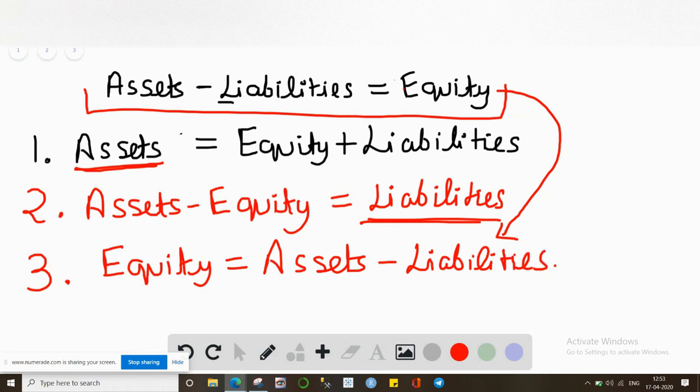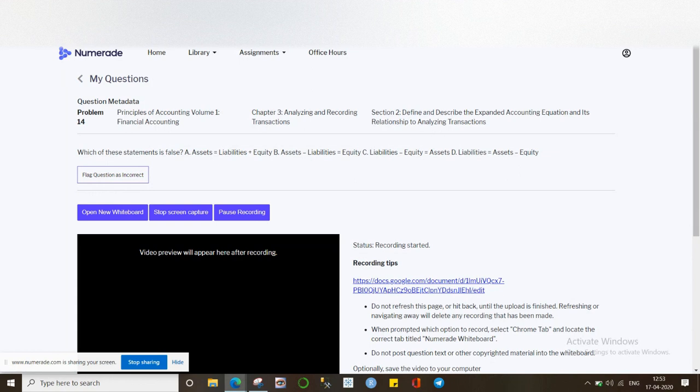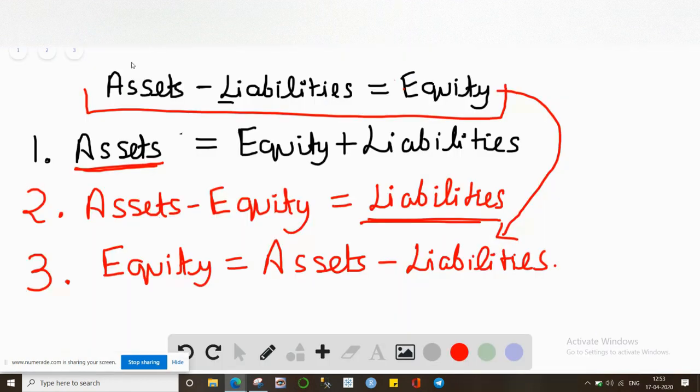So our correct solution out of it is what? Which one does not represent the actual combination of the basic equation?